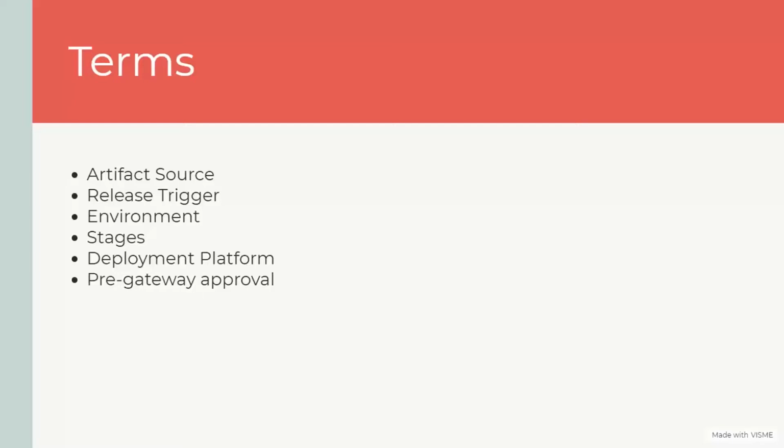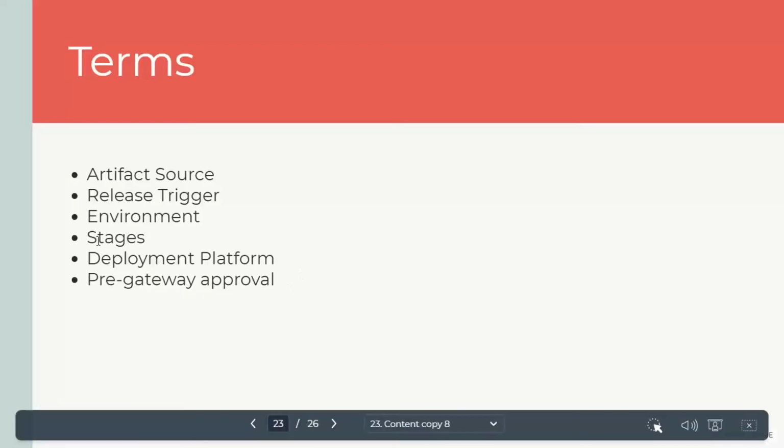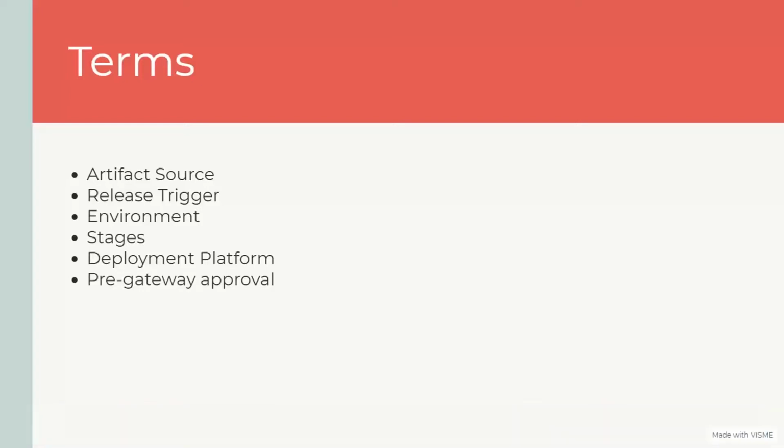If it is absolutely necessary, then we can have a number of environments. But if it is not necessary, we can go ahead with only four or maybe three, and that may be fine. That will be based on the organization policies.